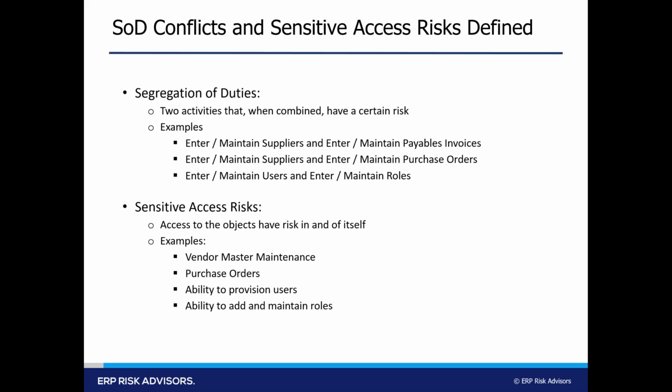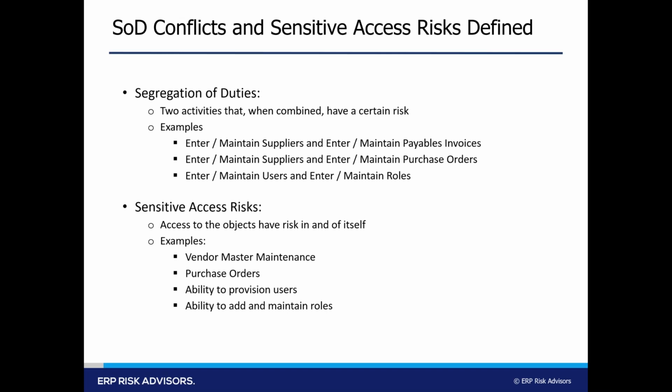And then in general, if you're looking for the aggregation of risk, and let's just say you have an IT user that has and maintains suppliers that shouldn't, if you don't run the sensitive access risk, then you might not realize that there is a user or group of users that have access to just that risk or just that activity in and of itself.